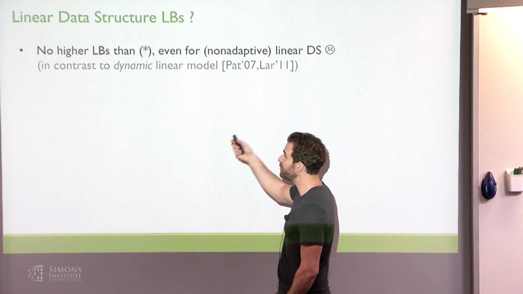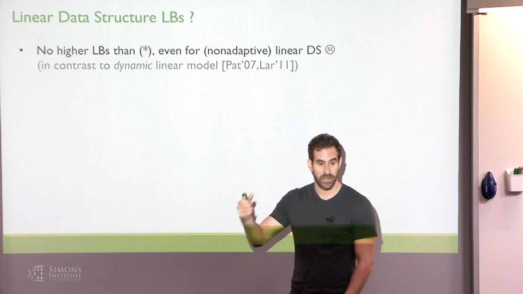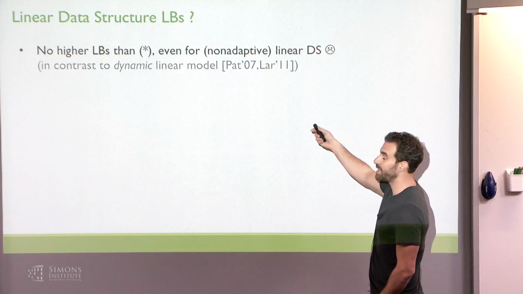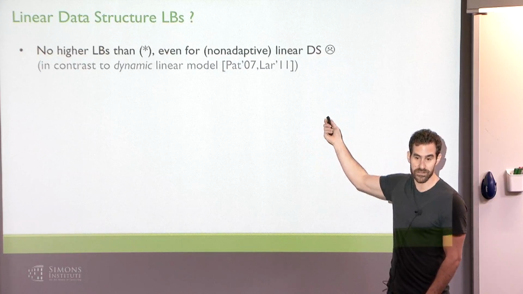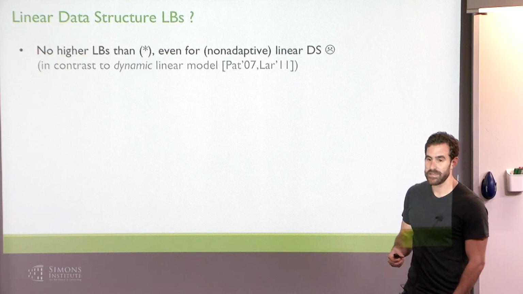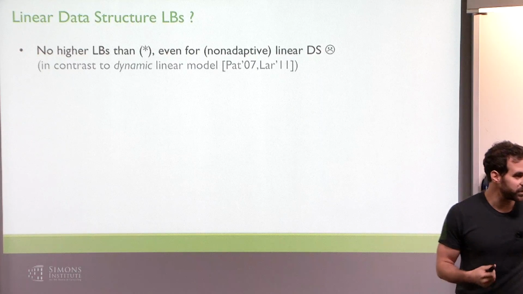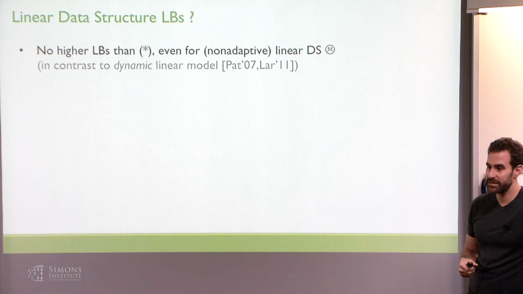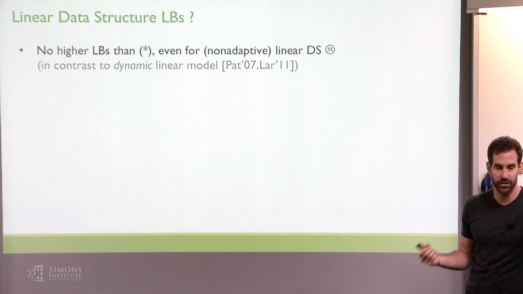We have no higher lower bounds than this log of m over log of space over n, even for non-adaptive linear data structures. Even in the group model, we don't know how to beat this bound. And once again, this is in sharp contrast to the dynamic online model.